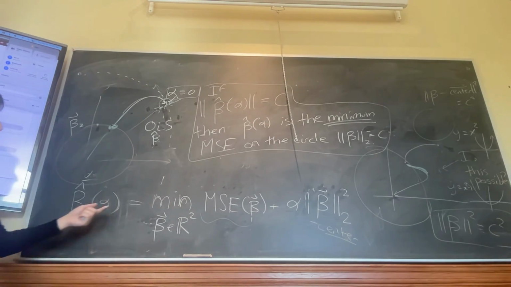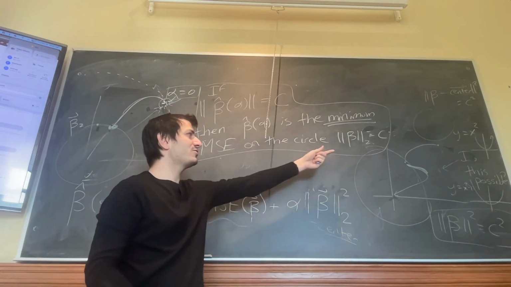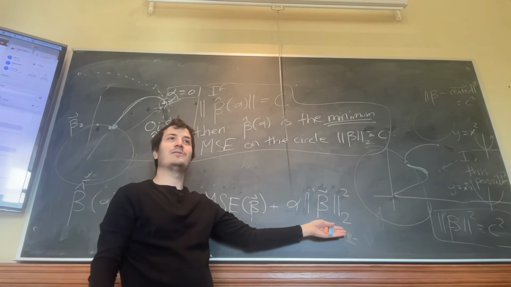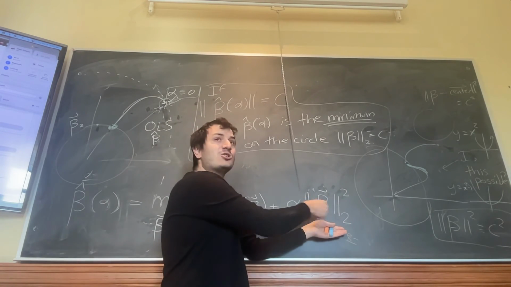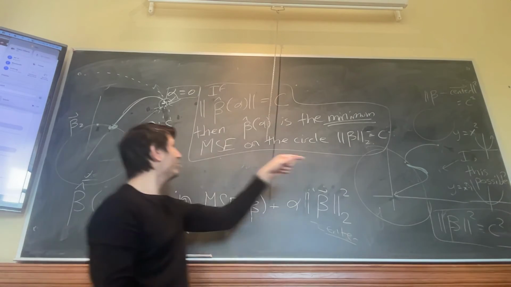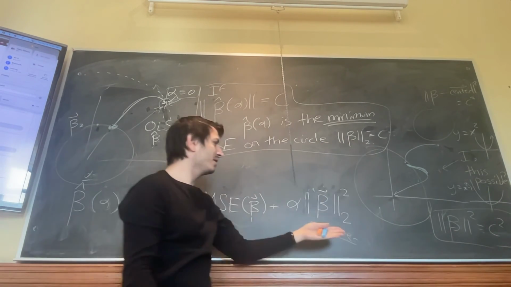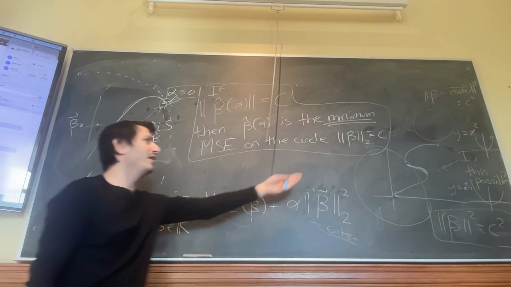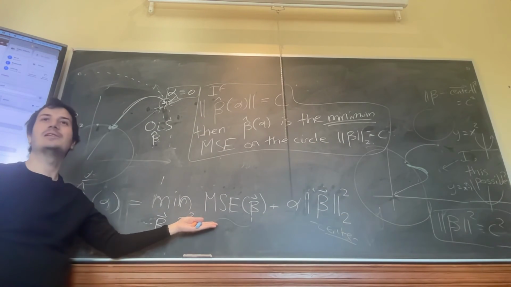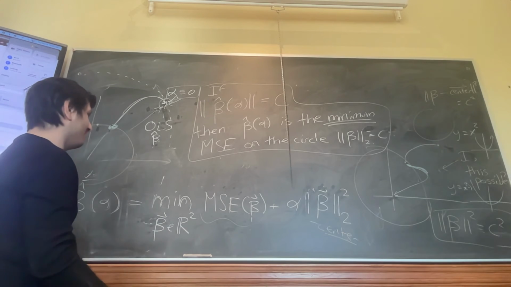The reason is because you have this term, and on the circle of radius c, this term is just a constant. In general, this term is changing as you change beta. But if you only look at points on the orange circle, then that term is always c. So minimizing everything on the circle of radius c is the same as minimizing the mean squared error. Let me write that out a little more formally.